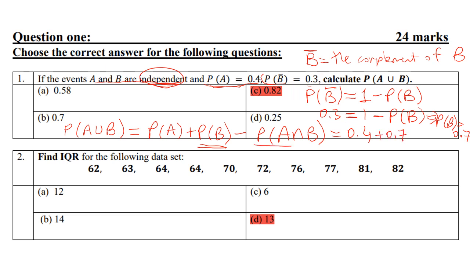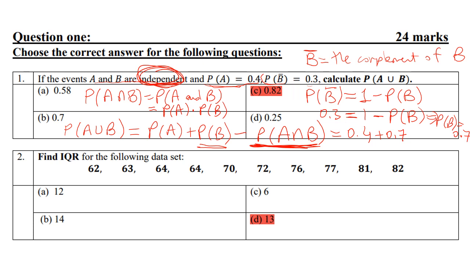Now here comes the last thing. So what is this? P(A intersection B). Here you can take this P(A intersection B) as P(A and B). This is another way to say it, P(A and B). Now, since they're independent, we use the multiplication rule for independent events, P(A) times P(B).